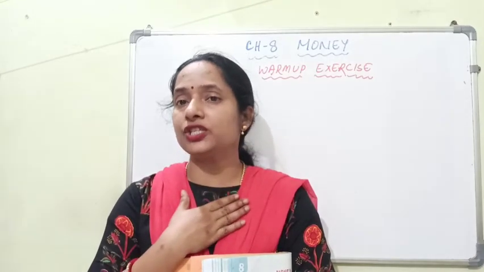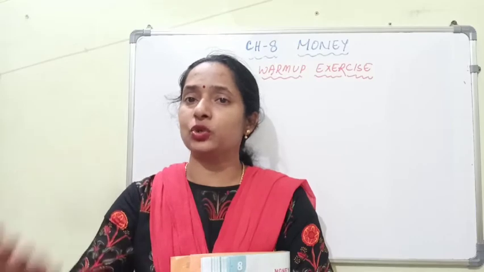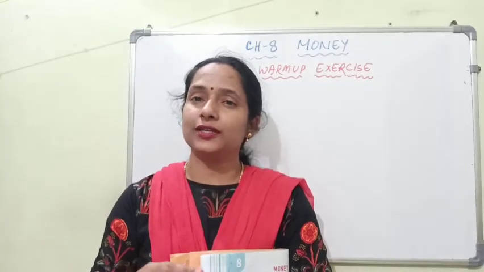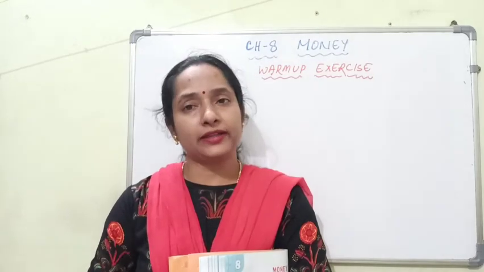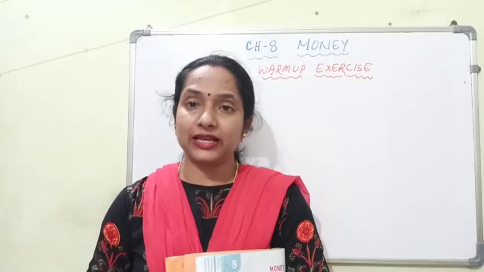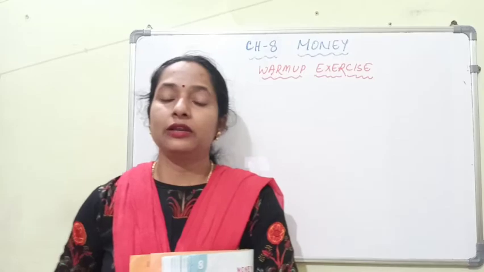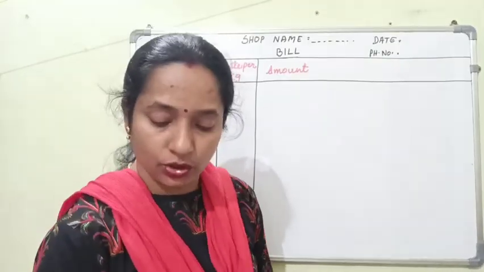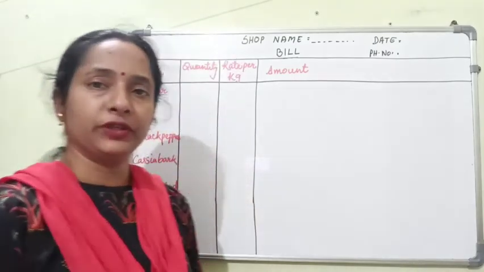So here you yourself have to play the character of the grocer. Now you imagine you are the grocer and Mrs. Ghosh is coming to you to purchase these items. Here is your turn to prepare the bill. So let us understand how to prepare the bill. Here is the format of the bill.